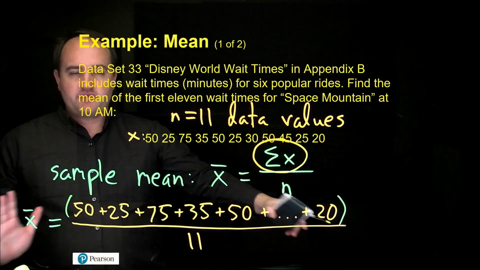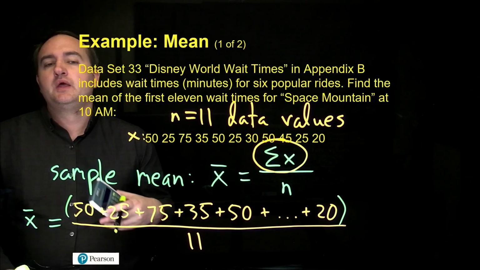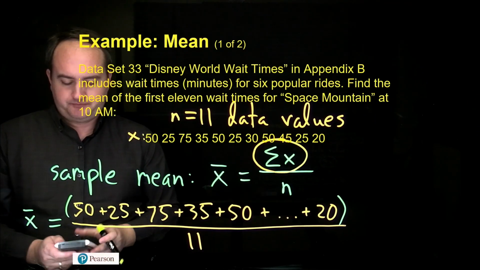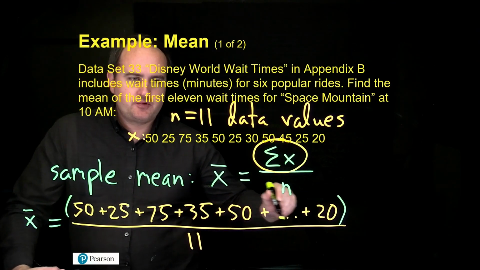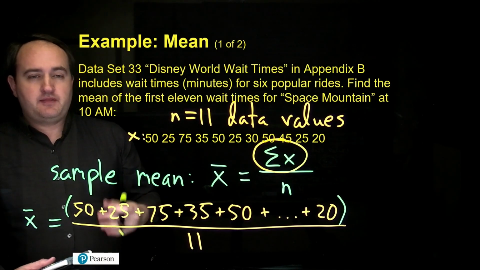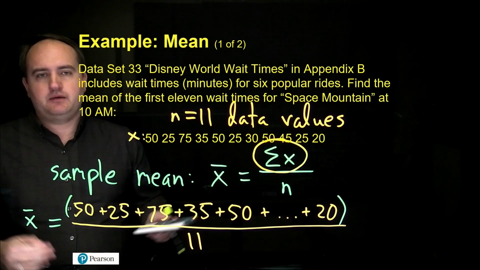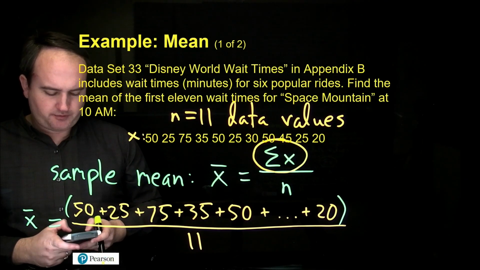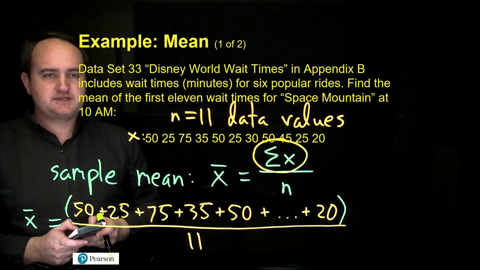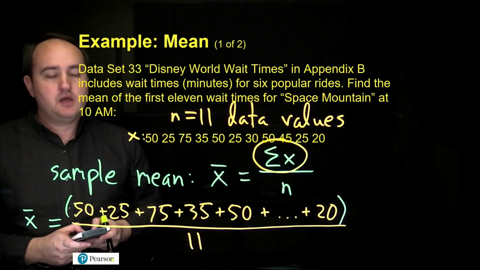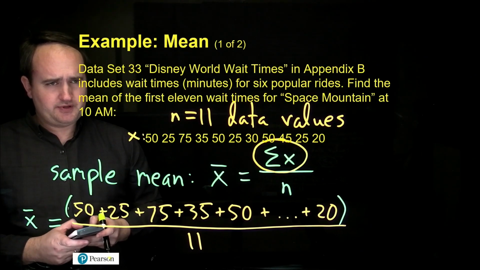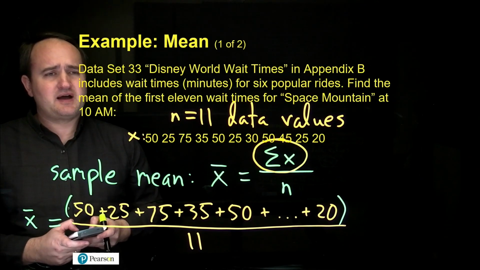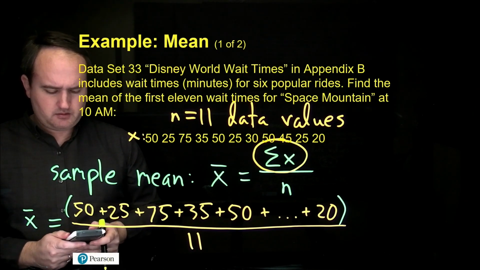Or the other thing you could do is you can just add up all these numbers on your calculator and then see what that is and then divide. So either way is fine. So 50 plus 25 plus 75 plus 35 plus 50 plus 25 plus 30 plus 50 plus 45 plus 25 plus 20.